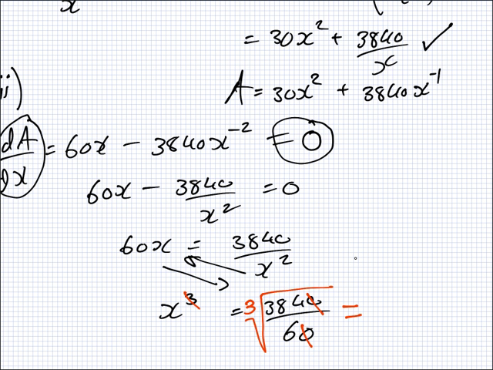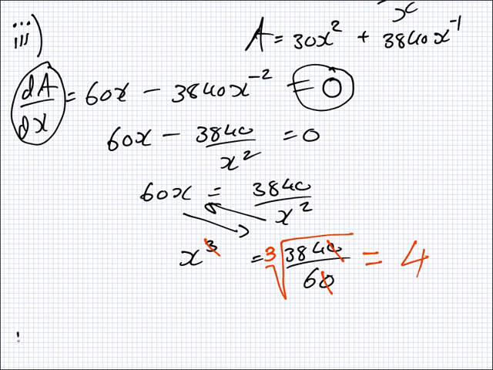4. Exactly 4. Now, was the question asking you to find x? Yeah. And is the next part saying to confirm it's a minimum? Yeah. So, in part 4, how do we check if it's a minimum? We need to use the second derivative.